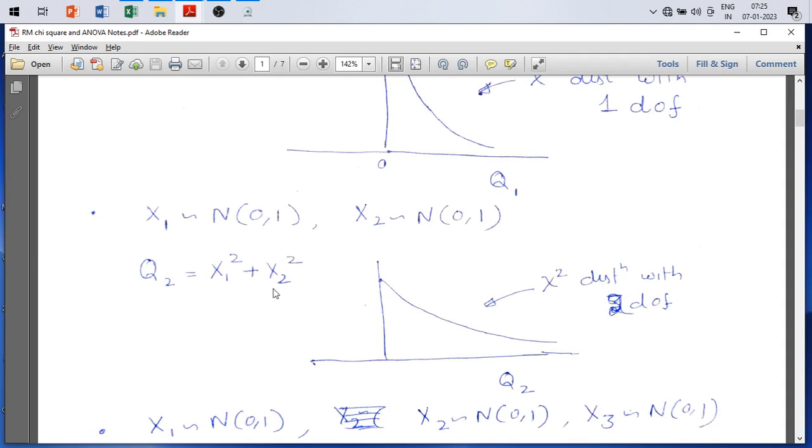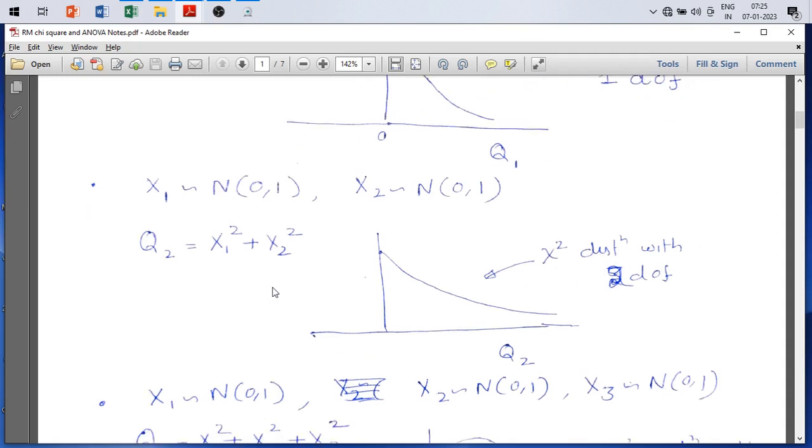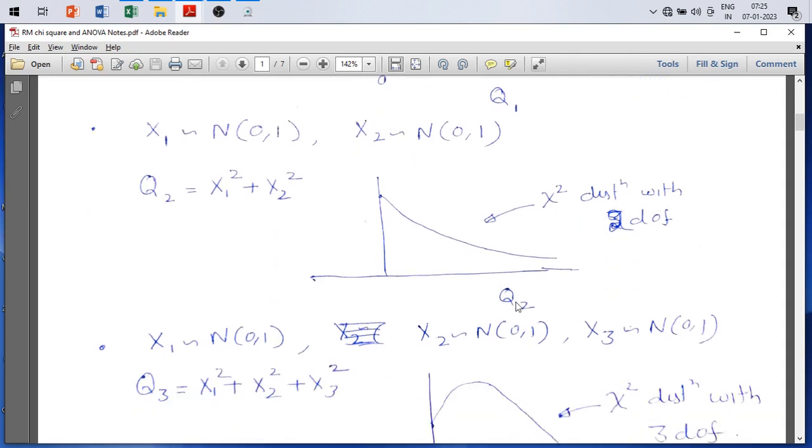If we look at the distribution of q2, it will be something like this. It will still have a peak around 0. Nothing on the negative side, it will always be positive, and the tail will be like this. So this is called a chi-square distribution with 2 degrees of freedom.